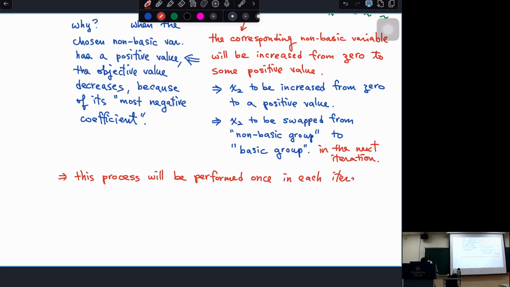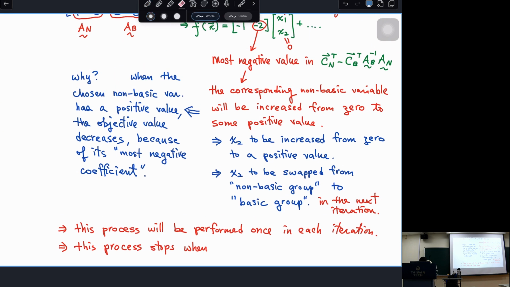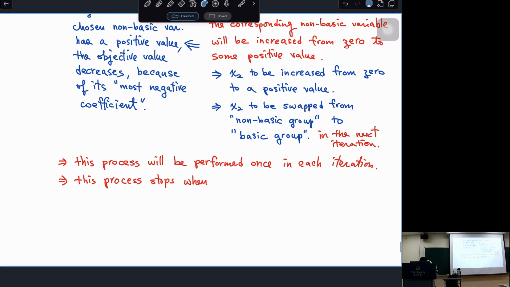And this process will stop when this chunk doesn't have any negative coefficient.